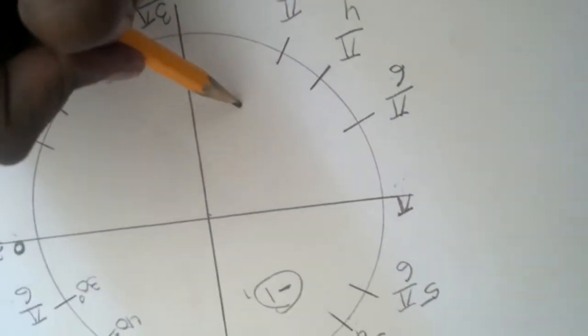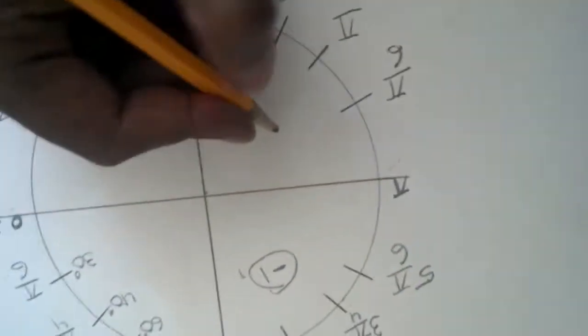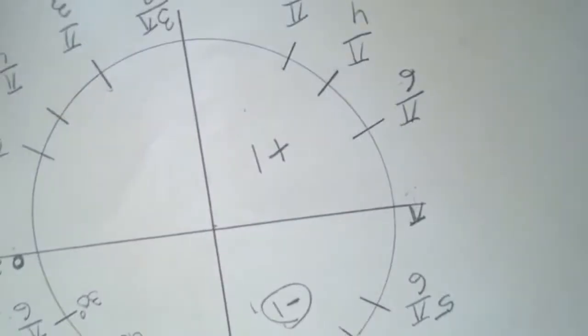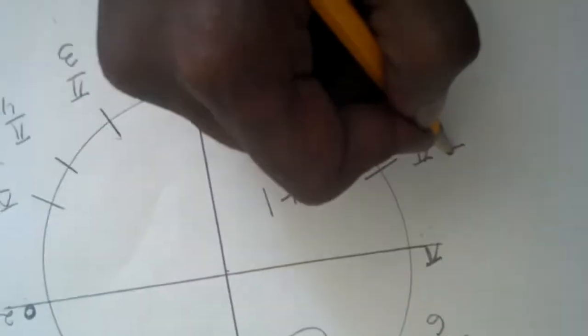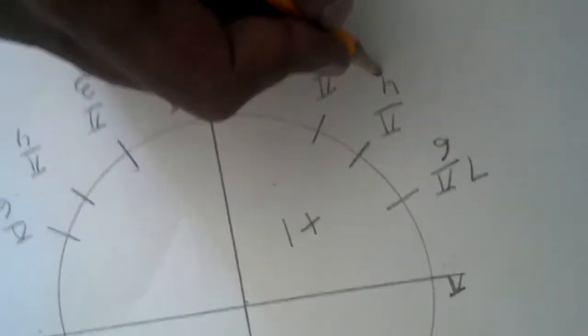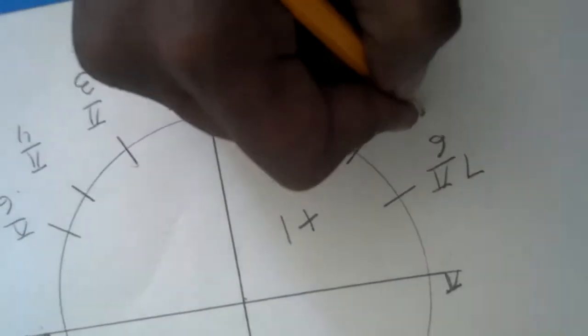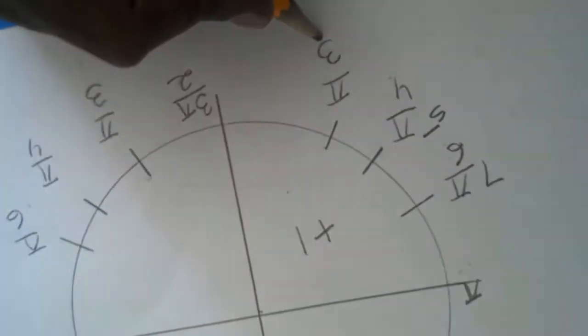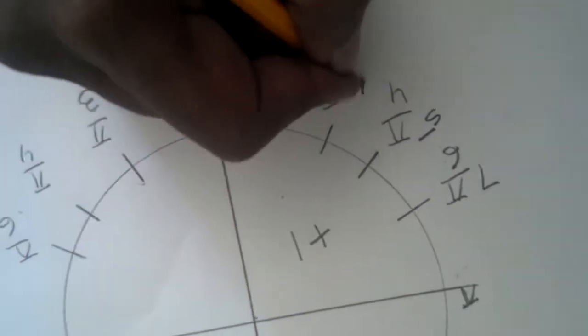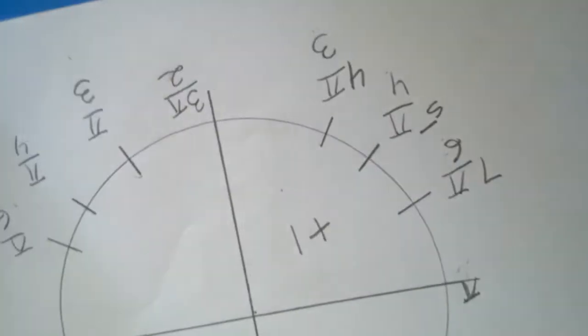Coming down, our third quadrant, what we do is add 1. So 6 plus 1, 7. 4 plus 1, 5. 3 plus 1, 4.